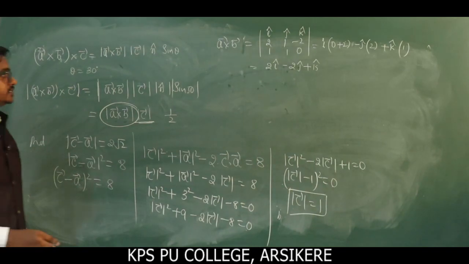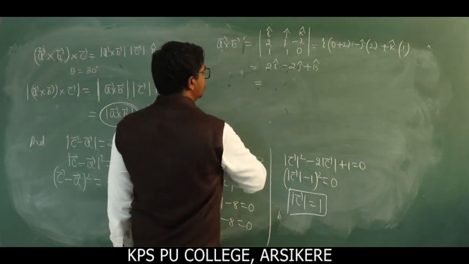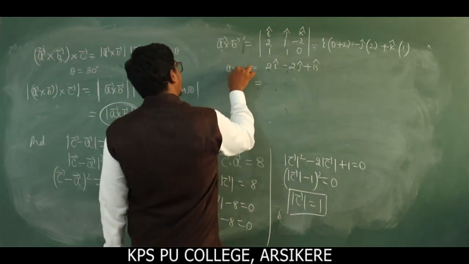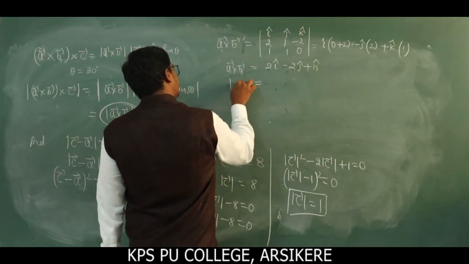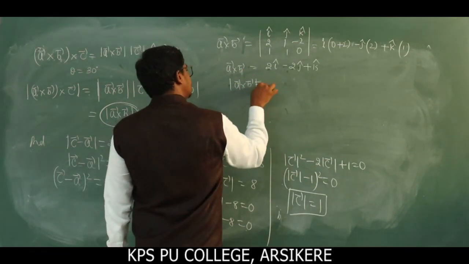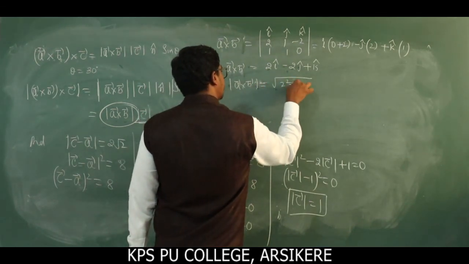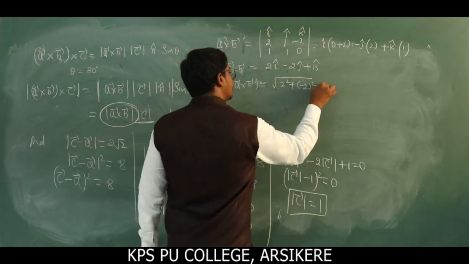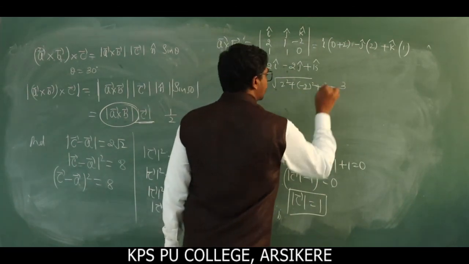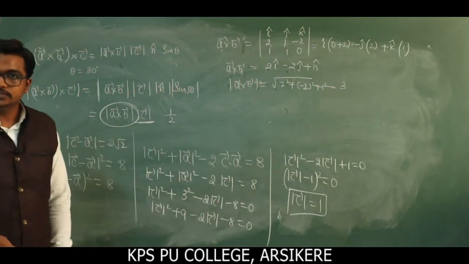Did you understand, children? This is our answer, this is A cross B. Then magnitude of vector A cross B is equal to square root of 2 square plus minus 2 whole square plus 1 square, this is 3. 2 square is 4 plus 4 plus 1 is 9, root is 3.